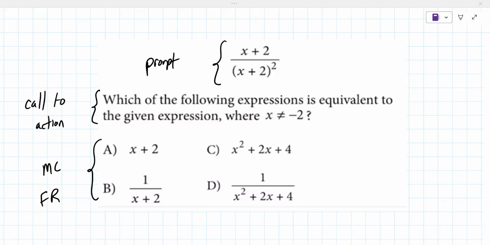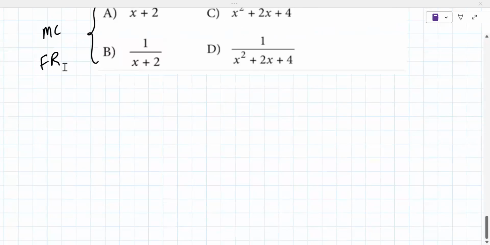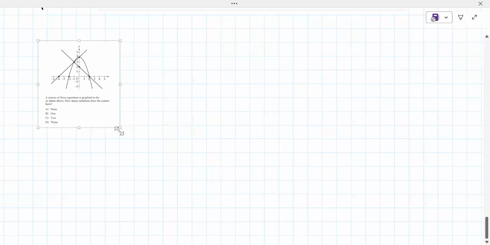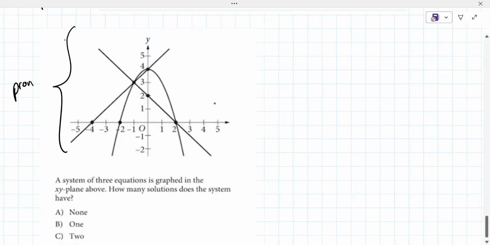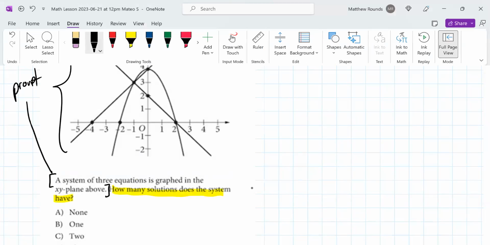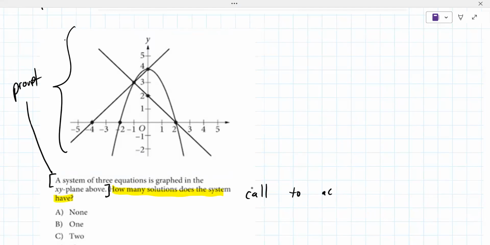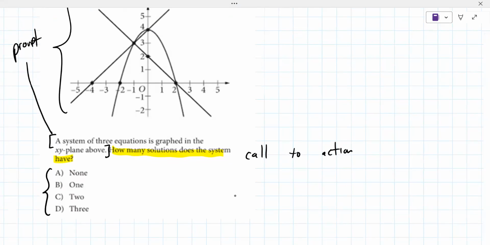So let me show you another problem here. In this one, what I call the prompt, or sort of the preamble, is up here. It continues down into here. This is also the prompt. This last sentence that I'm highlighting here, this is the call to action. The call to action is the question part, the important part.